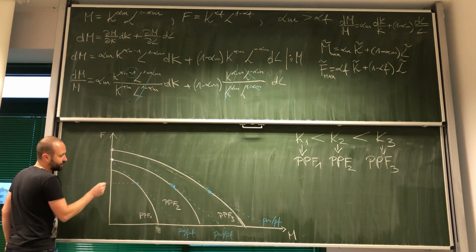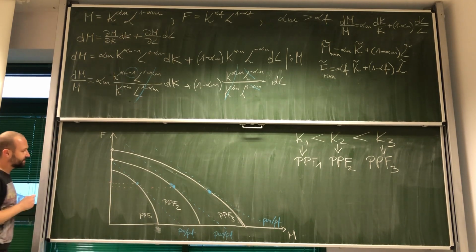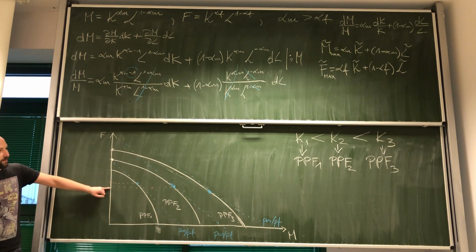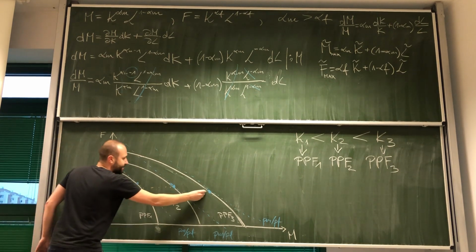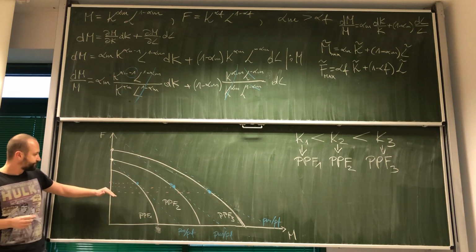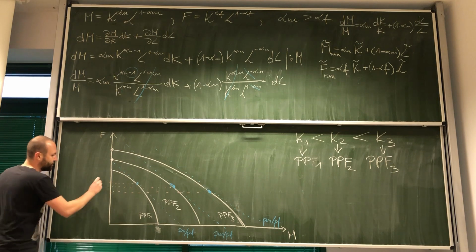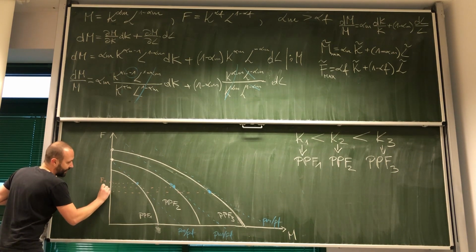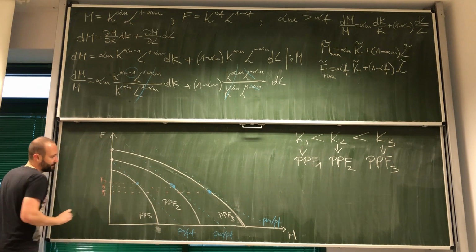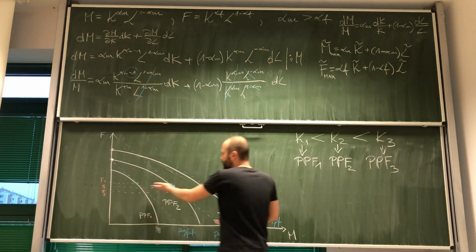Look, this is the initial level of production of food. This is the level of production of food after we had more capital, and this is the level of production of food after we had our third level of capital. So look, we can write here as F1, F2, and F3. Right? We clearly see that the level of production of food is now getting lower and lower and lower. And this is actually something I don't even need to show you.